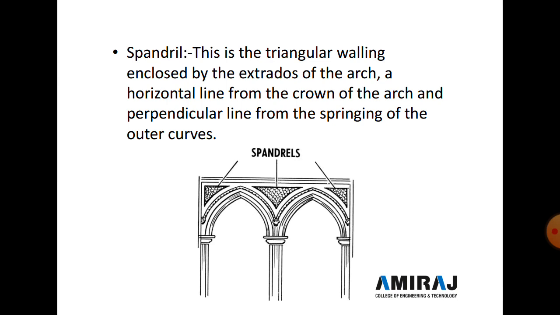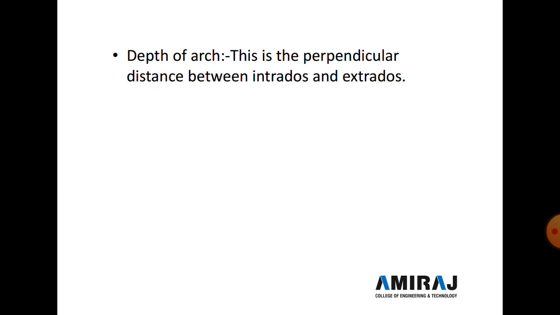Now next is the spandrel. The spandrel is the triangular walling enclosed by the extrados of the arc, a horizontal line from the crown of the arc and a perpendicular line from the springing of the outer curve. Now next is the depth of the arc. This is the perpendicular distance between the intrados and extrados, known as the depth of the arc.